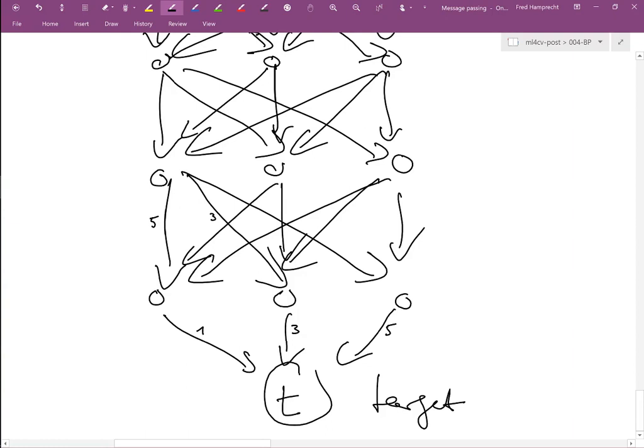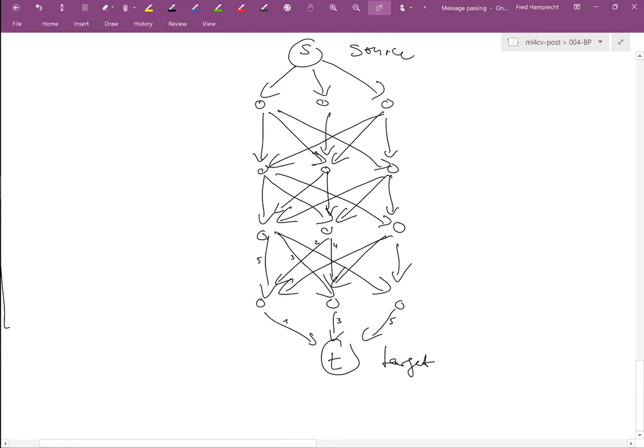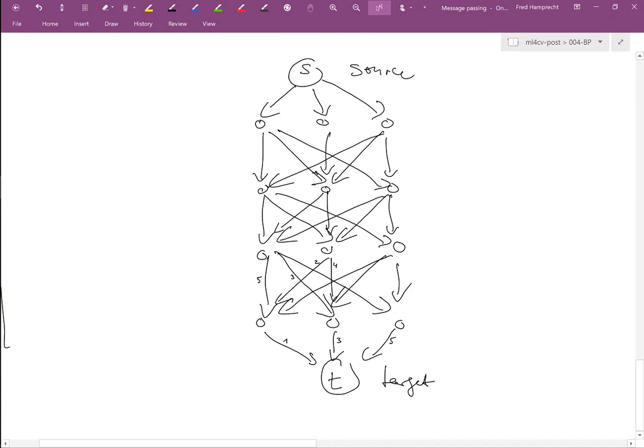Let's make this one a cost of 2, and that one a cost of 4, and I'm sparing you more. It's just to show the principles. Each of these edges has a cost, and we're looking for the shortest path from source to target.